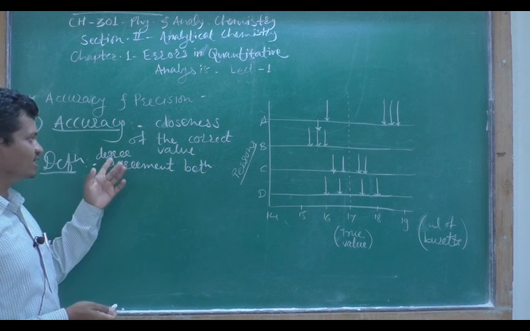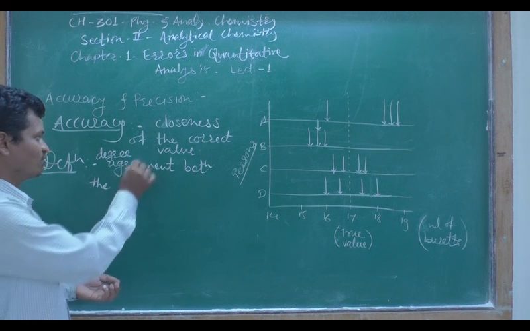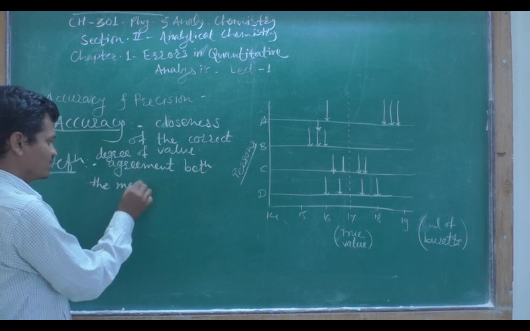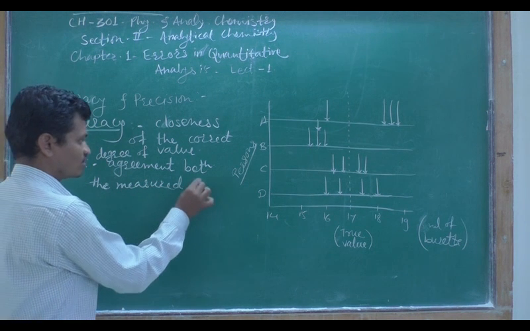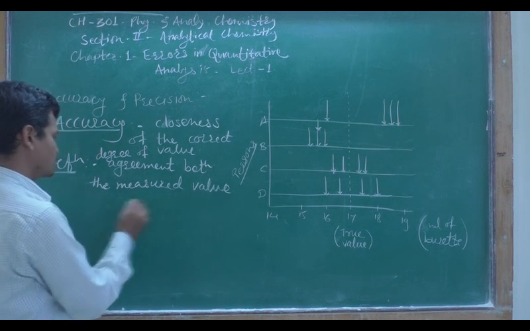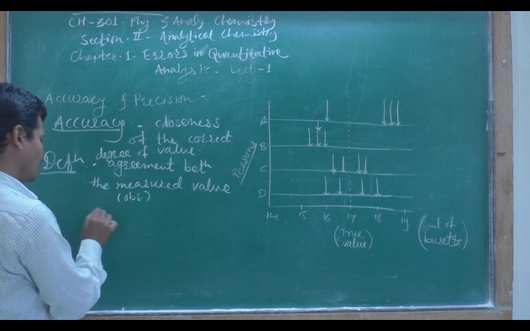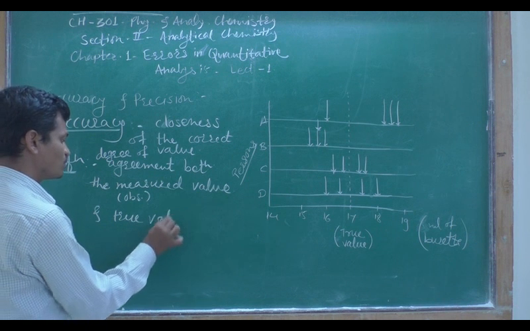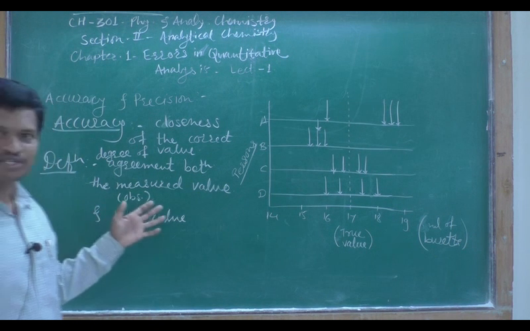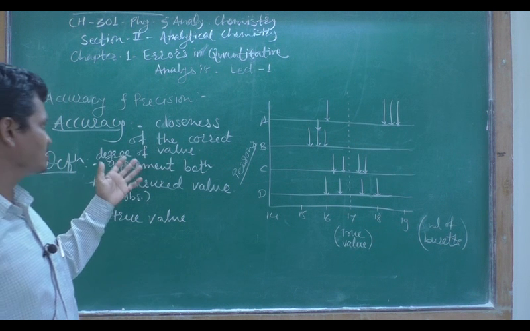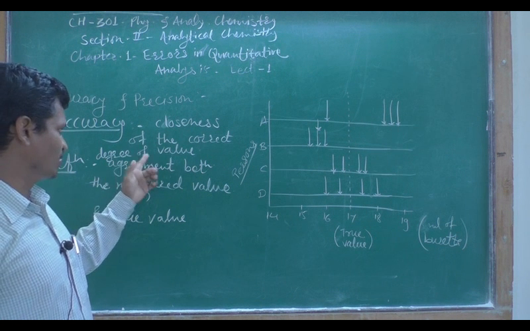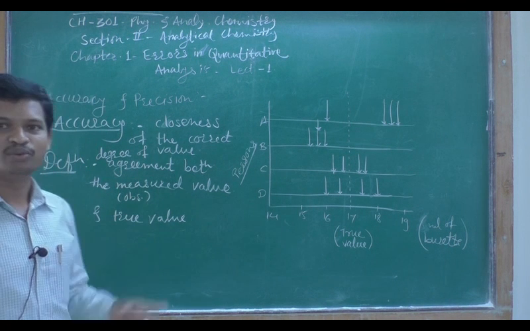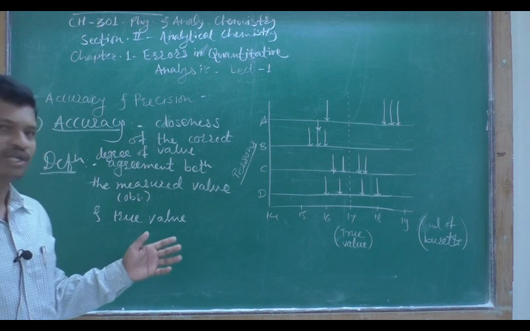In other words, it is the degree of agreement between the measured value, which we can also call the observed value, and the true value, that is the correct value.